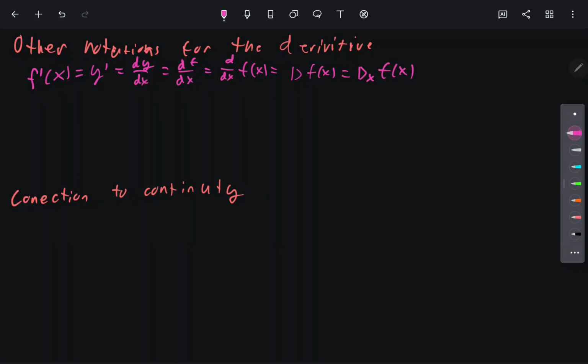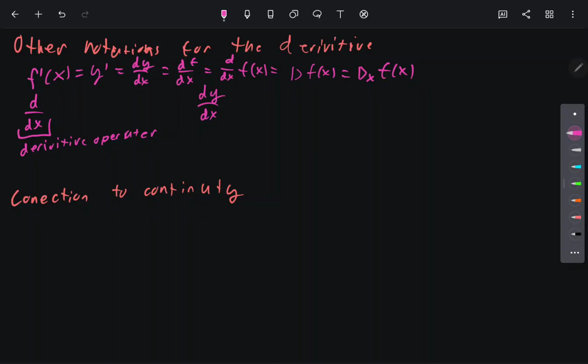So all of these expressions are the exact same, but I really just want to take a moment to highlight this derivative operator. So this right here is what we call the derivative operator, and it comes from this notation dy dx.